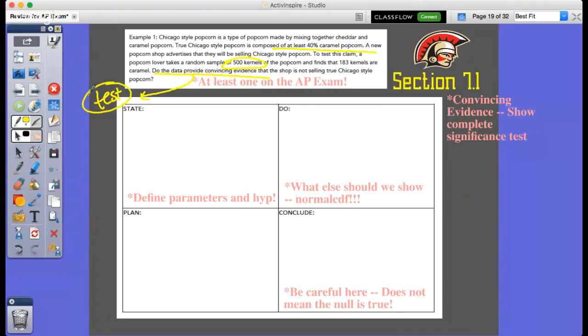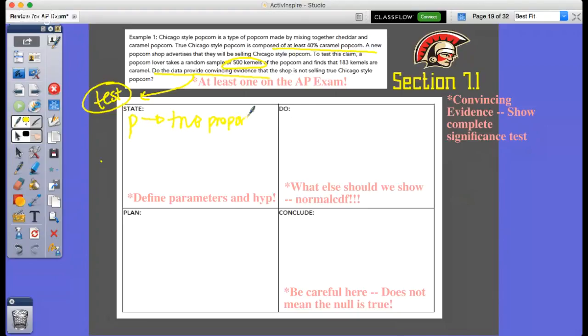So as we go through this, the one thing to remember is within our state part, what we want to do is we want to identify what the variable that we're trying to look for is. So the fact that the convincing evidence, true Chicago-style popcorn related to the caramel, that's up here, is we're saying that P in this case is the true proportion, and we want to identify this.